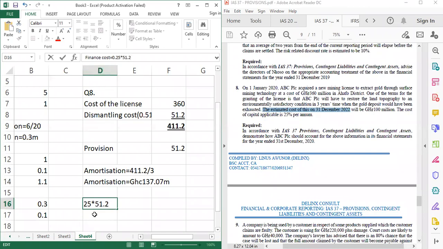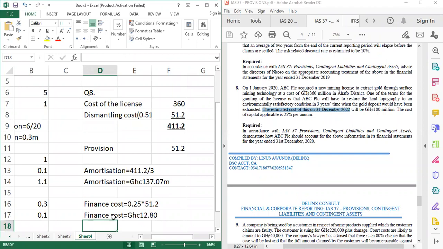How much are we getting as the finance cost? 12.8.